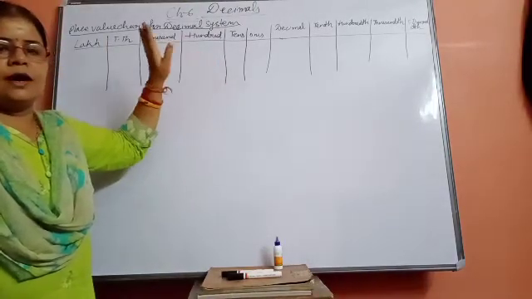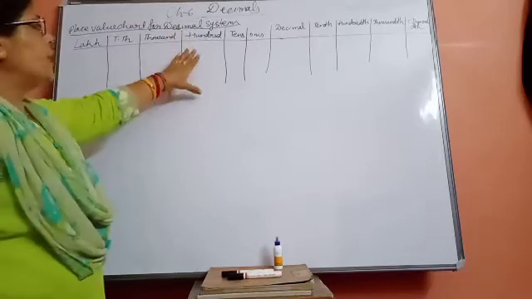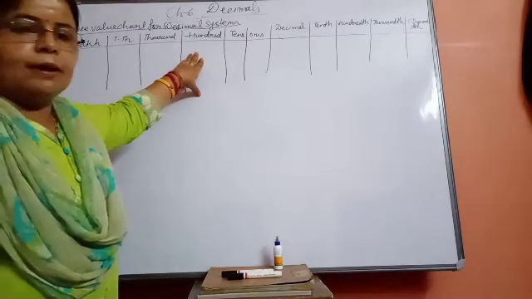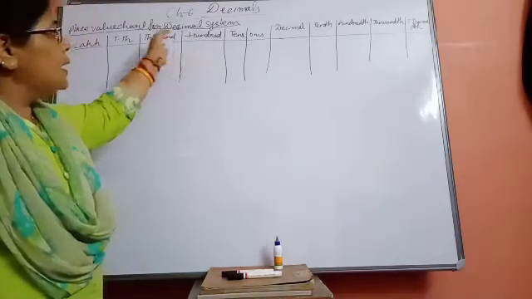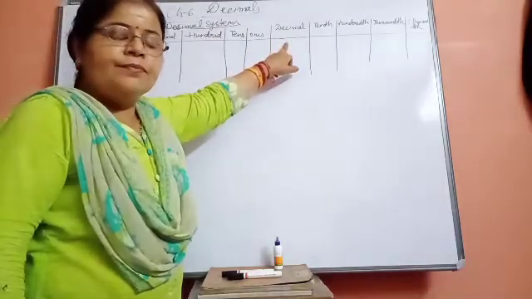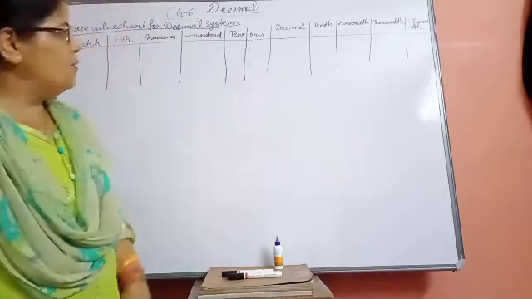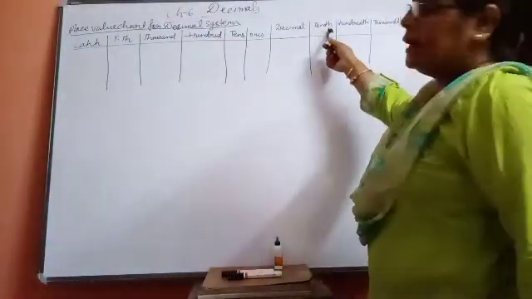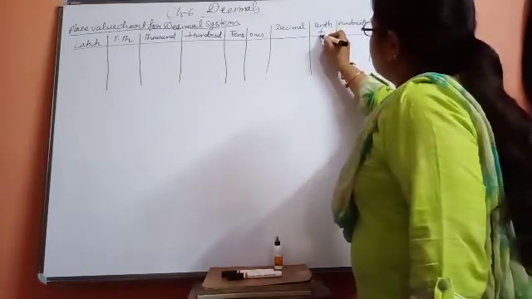While we were learning the Indian place value chart in chapter number 1, you learned this table. But here the decimal comes. Then afterwards, after the decimal, tenth means divided by 10.